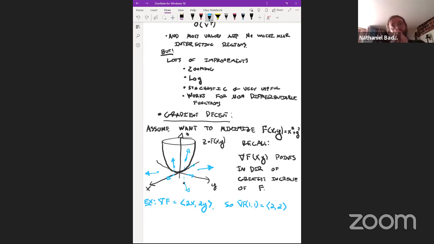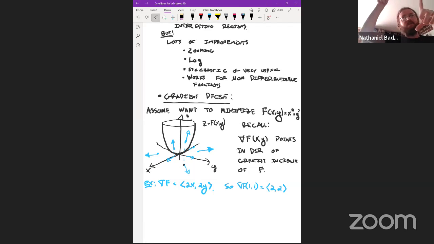Okay, so if the gradient always points in the direction of greatest increase, then that means that if we want to find a minimum, we can just walk the other direction.